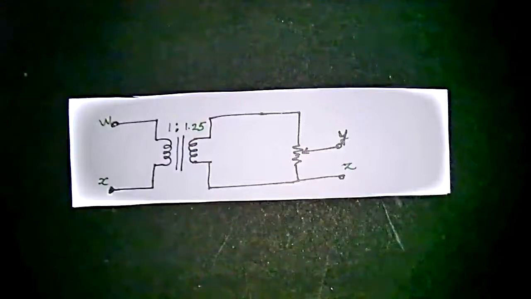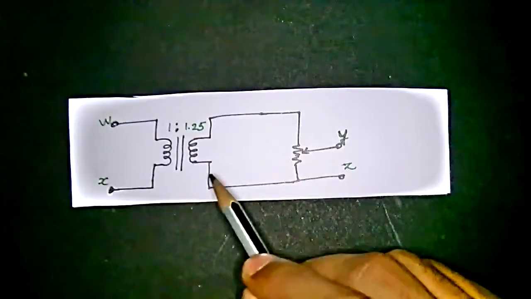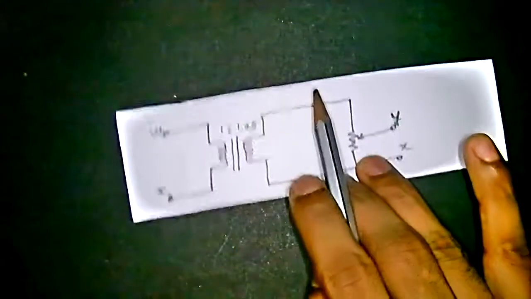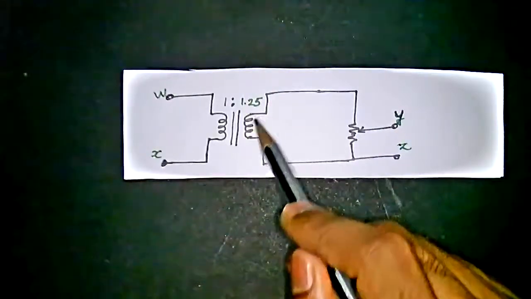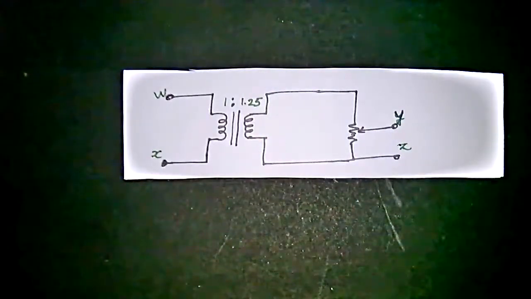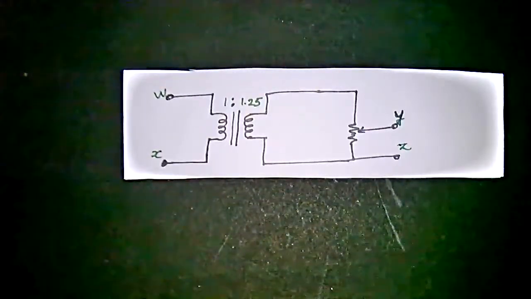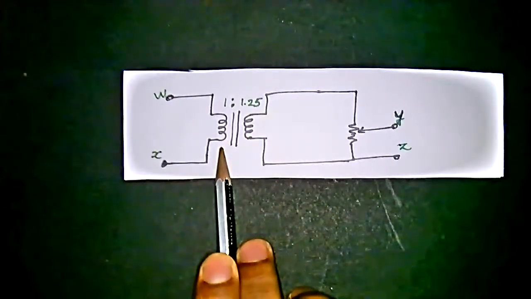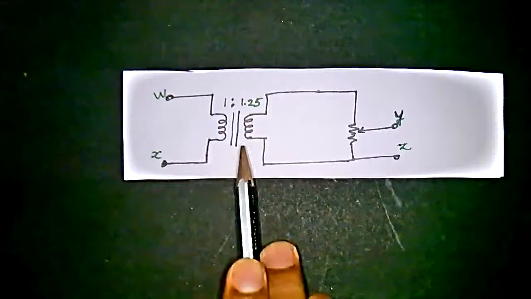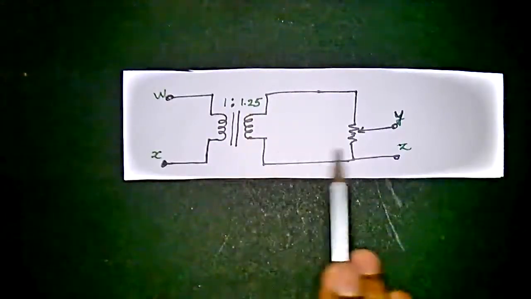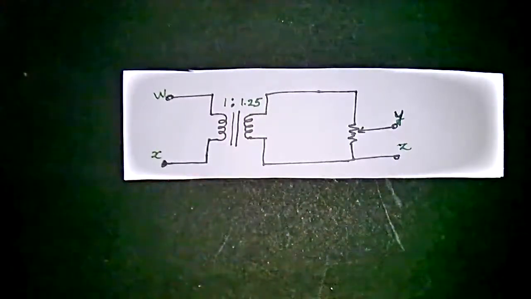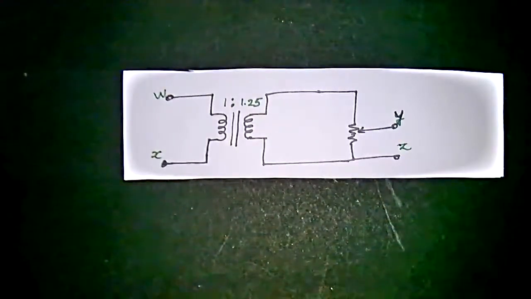Before that, in this circuit we have to get the values of the transformer equation. We know that 1:1.25 is the turns ratio between primary and secondary. In the first case this value is the primary turns and this value is the secondary turns, and in the second case they swap, so we have to apply those values according to the case.